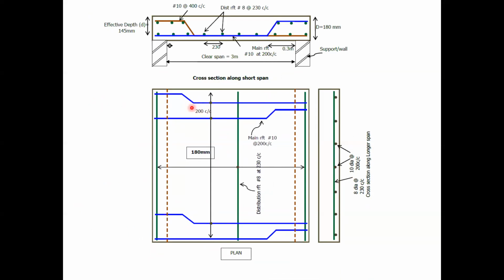As you know, for the shorter span you always have to provide the main reinforcement. The spacing is 200 center to center, and for the longer span you are going to provide the distribution reinforcement, and the spacing between one reinforcement to another is 230 mm. This 10 mm is the main reinforcement and 8 mm is the distribution reinforcement.